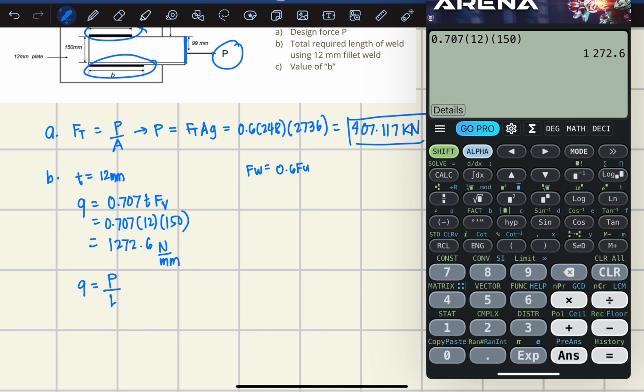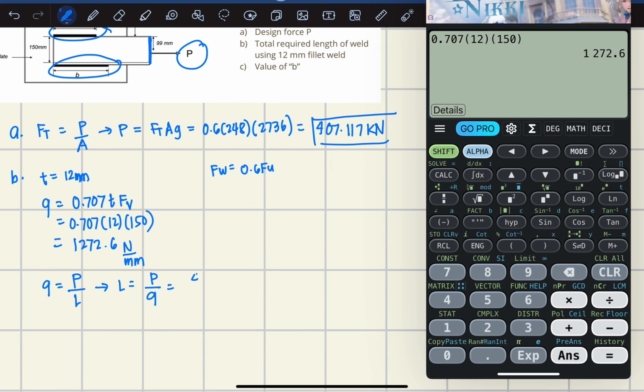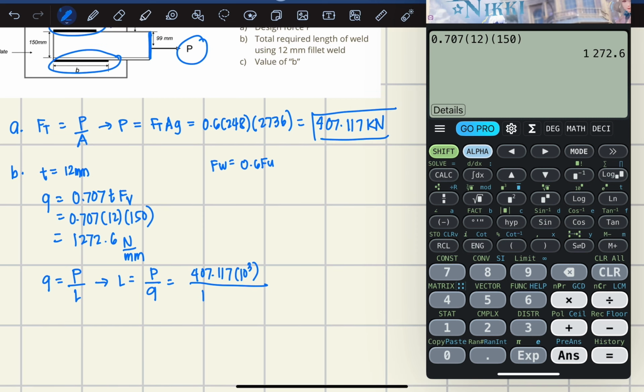We'll substitute the known values: L is equal to P over Q. So 407.117 times 10 raised to 3 to convert to Newton, over Q, which is 1272.6.